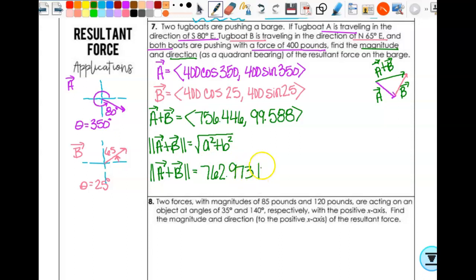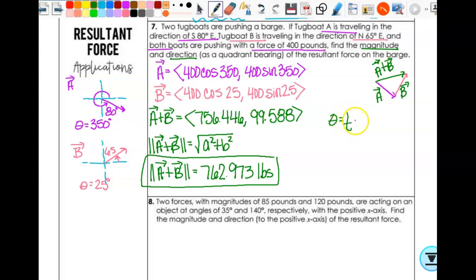And then this is pounds. So when you type this into Formative, you're going to leave off the units just because that makes it a pain sometimes. But in your work and stuff, make sure you have them. That's still very important. Okay? Are we all good with the magnitude? Any questions?